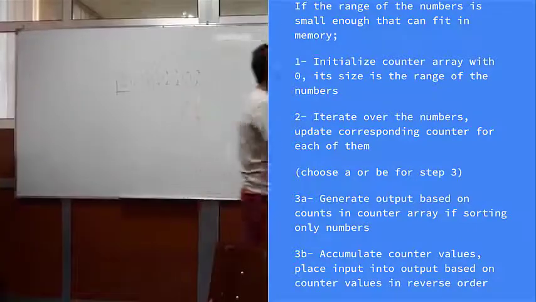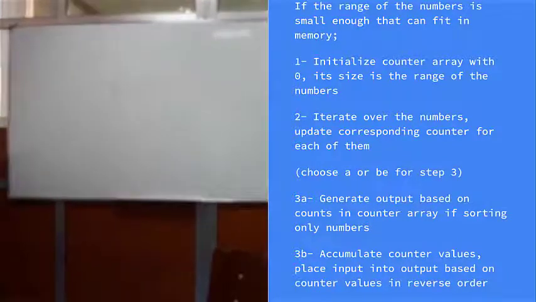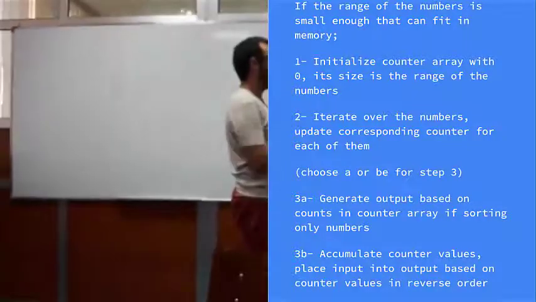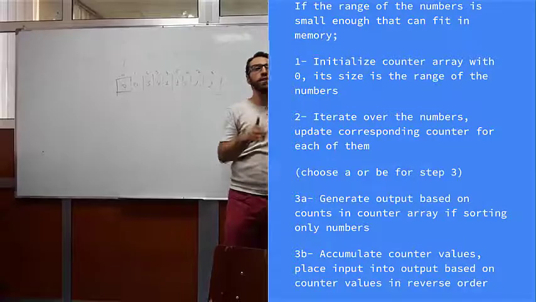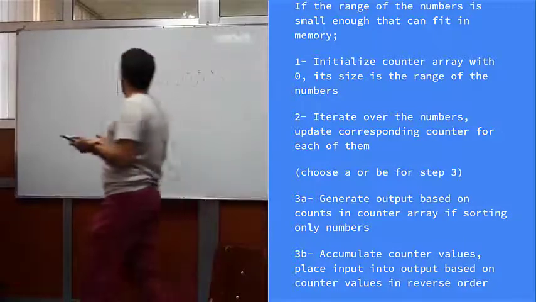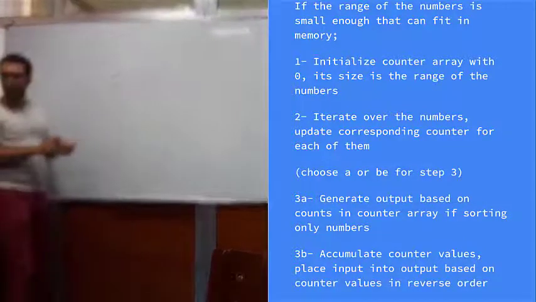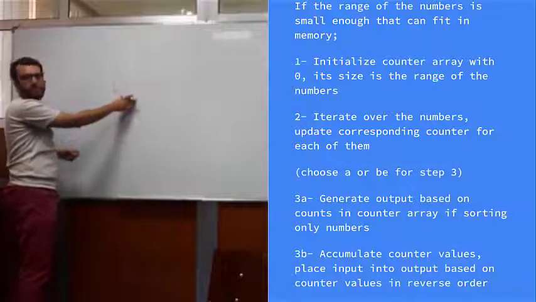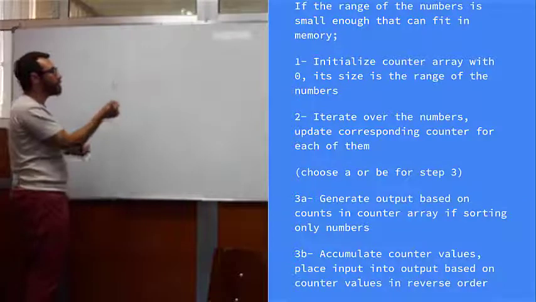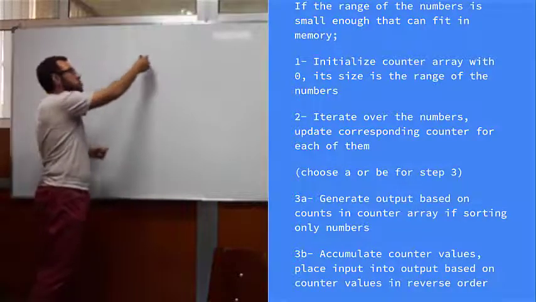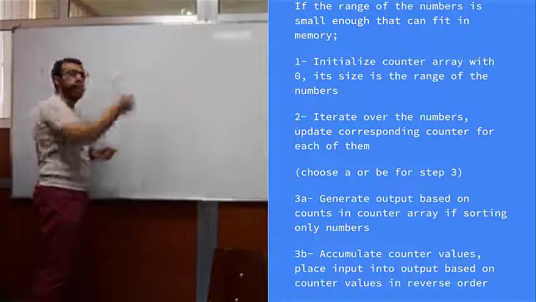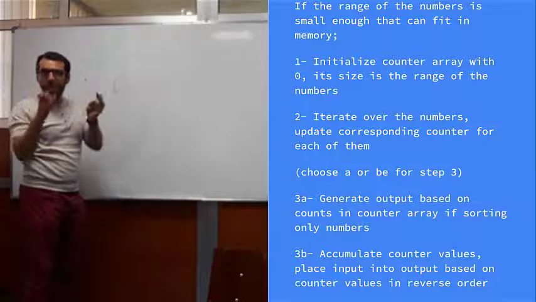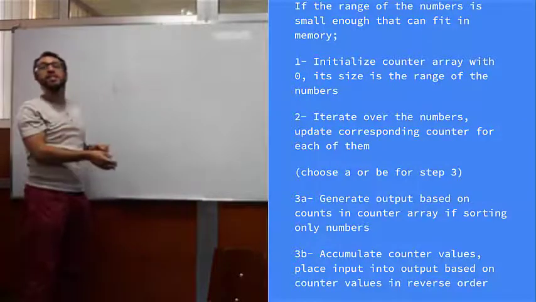And what we can do differently is, instead of generating output based on the counts in the counter array, first we can accumulate the values in the counter array. Meaning, starting from the beginning, we add our number to the next one. So instead of keeping track of count of elements of 3 or element of i, what we keep track of is how many elements we have seen so far before this point.